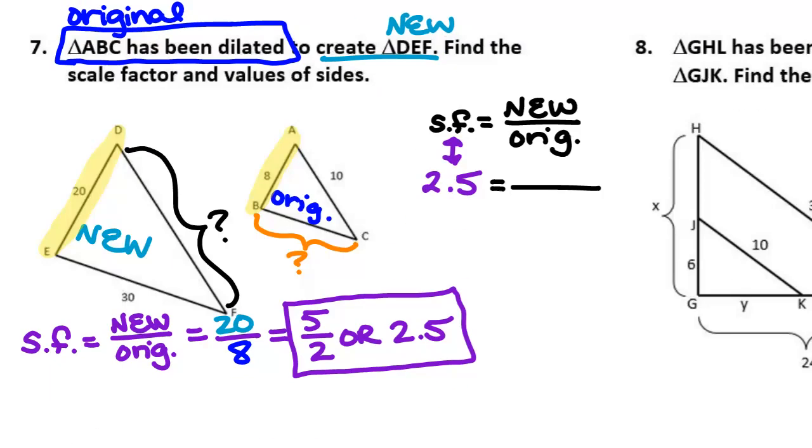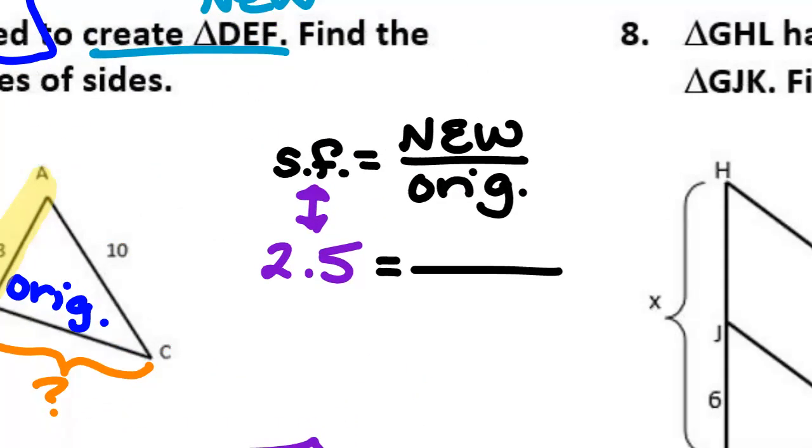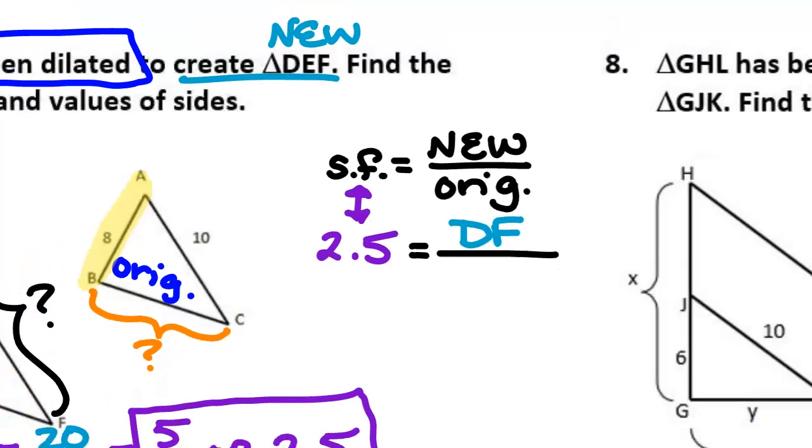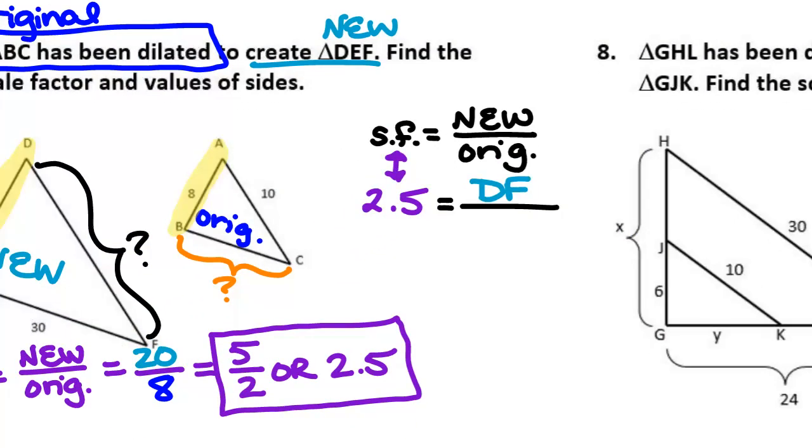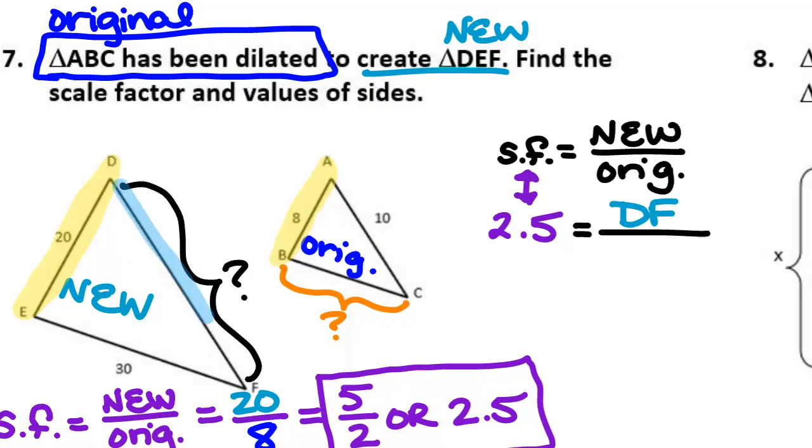Is that on my new triangle or my original? New. DF, that's on my new triangle. What side would that correspond to? AC. So what should go in my denominator then? 10.